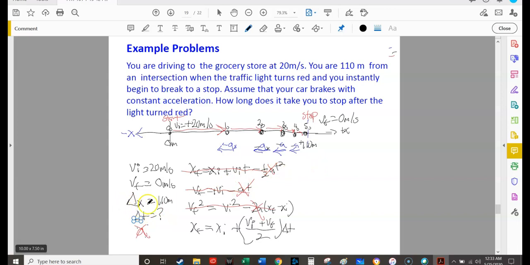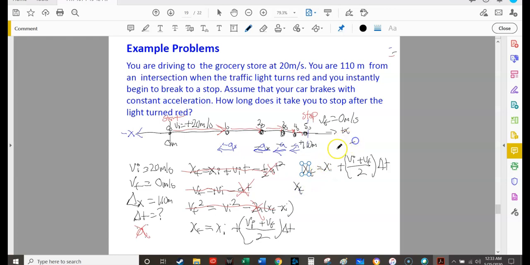So delta x here: x final is going to be 110, and we have x initial, so we're going to be using this equation, x final equals x initial plus the initial velocity vector plus the final velocity vector over 2 times delta t. And I'm going to solve this for delta t. In order to do that, I'm going to bring the x initial onto the other side.